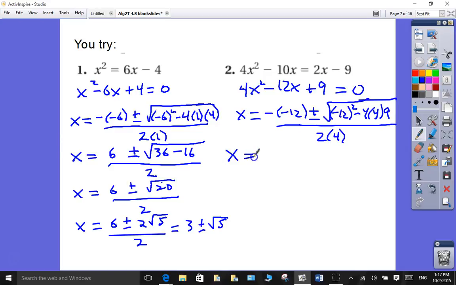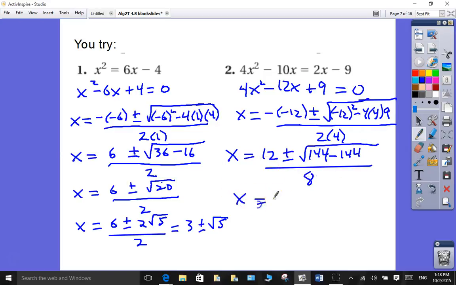So x equals 12 plus or minus the square root of 144, and 4 times 9 is 144, divided by 8. So this is 12 plus or minus the square root of 0.